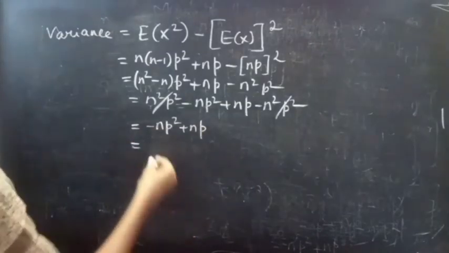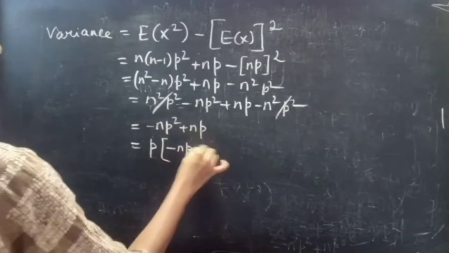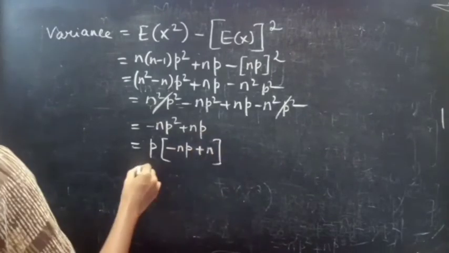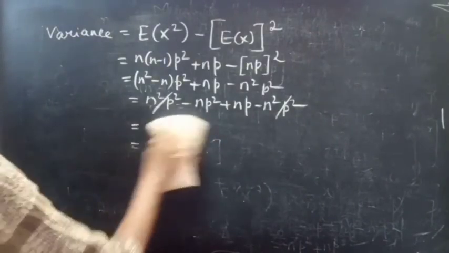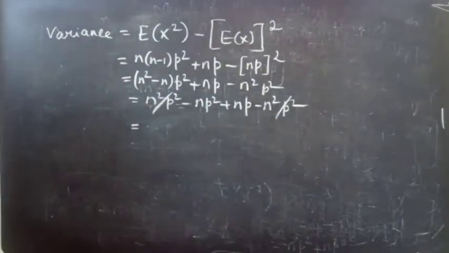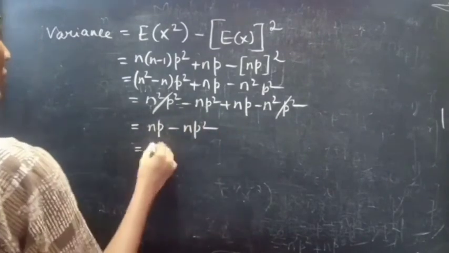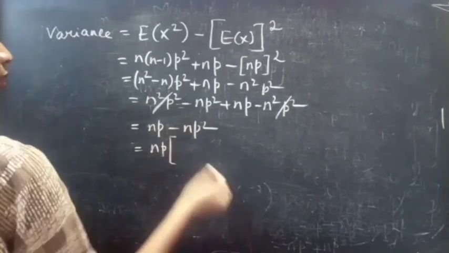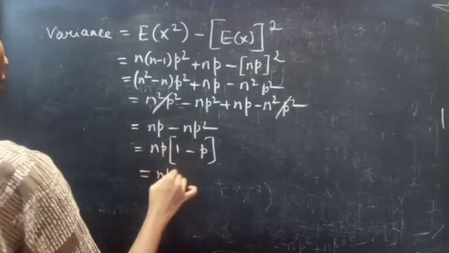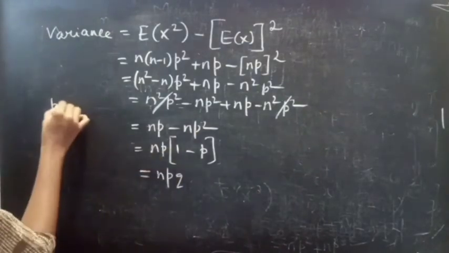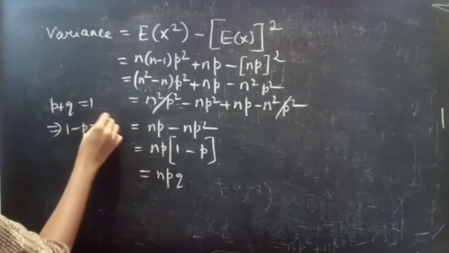Better to take the positive term first: np minus np square. Now take np common: np into 1 minus p. We know that 1 minus p is equal to q, since p plus q equals 1.